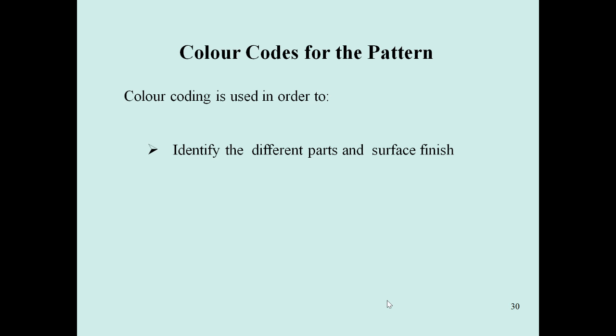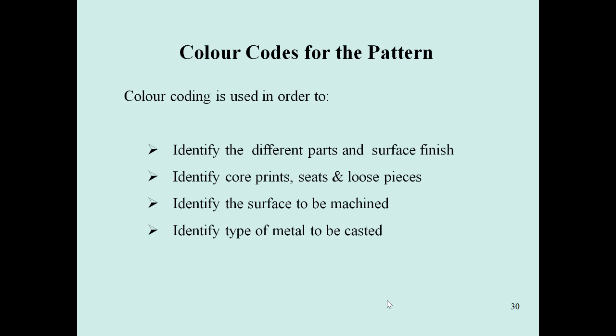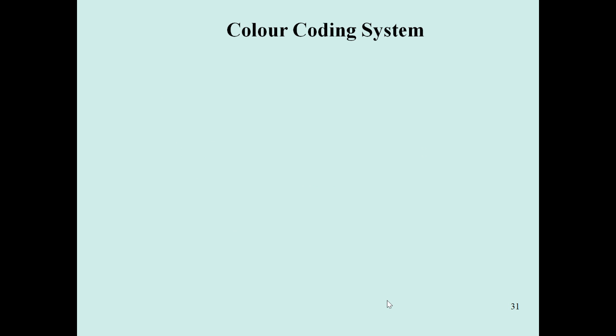It is also used to identify core prints, seats and loose pieces, to identify the surface to be machined, and to identify the type of metal to be cast.